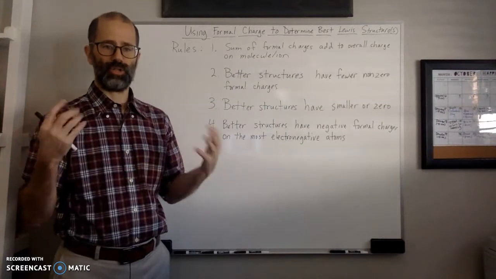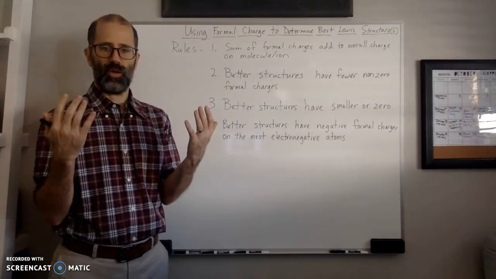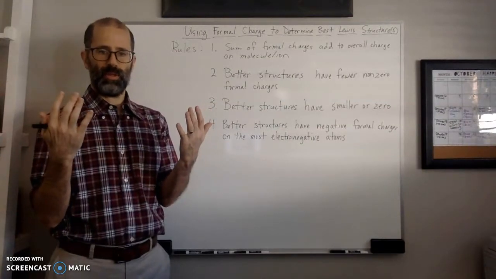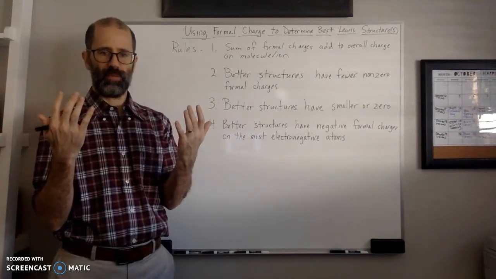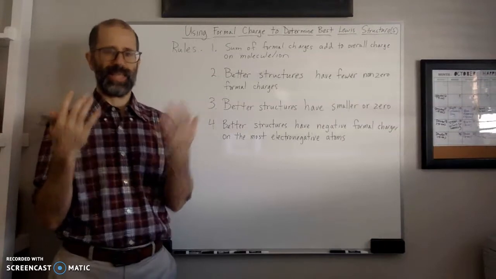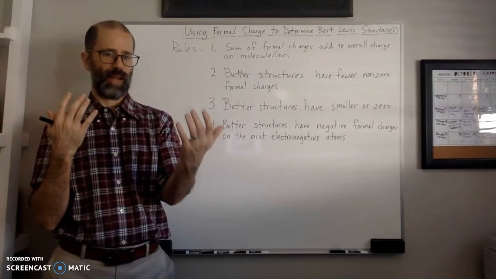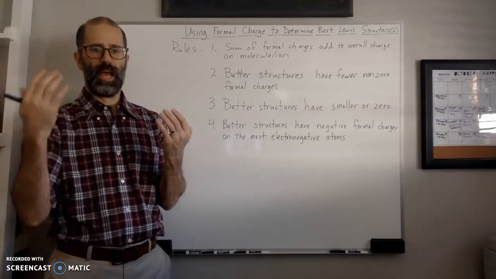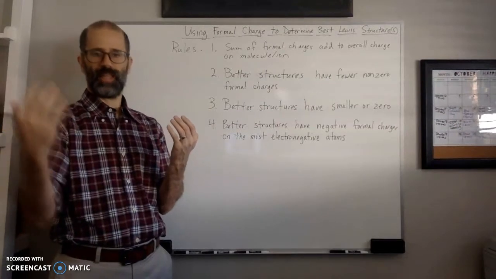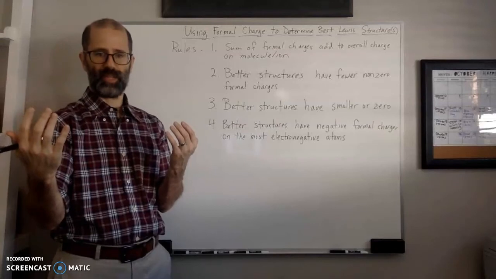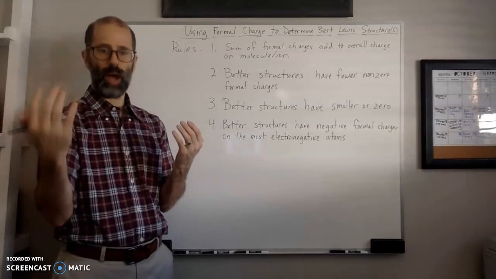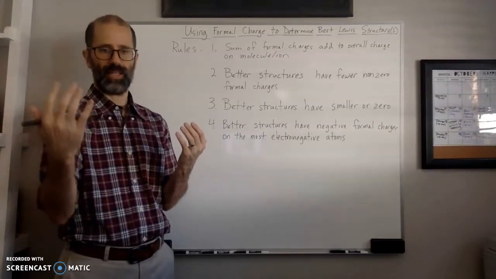So if you had a choice between two structures where everything is the same except for formal charges, one with the negative formal charge on the nitrogen and one with the negative formal charge on the oxygen, since oxygen is more electronegative than nitrogen, you would want the negative formal charge on the oxygen.